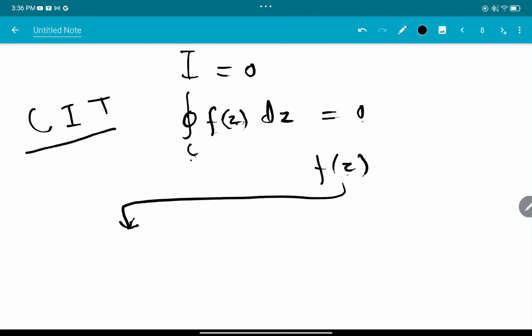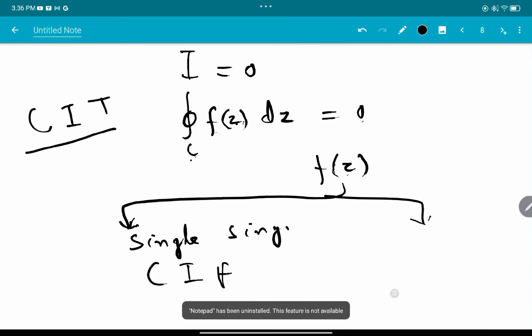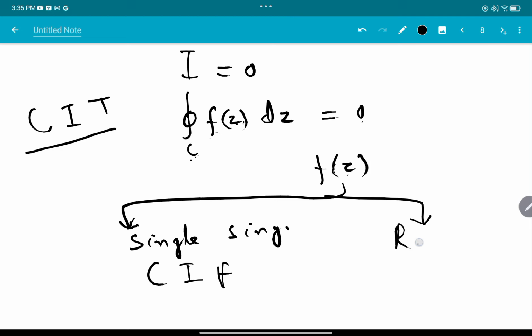We will discuss all of them gradually, slowly, gently. If it has a single singularity, then that is dealt with by Cauchy's integral formula. If it has multiple singularities, then it is taken care of by the residue theorem. That will be one of our important results of complex integration, the residue theorem.